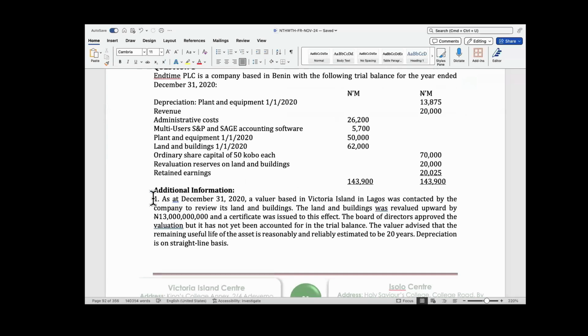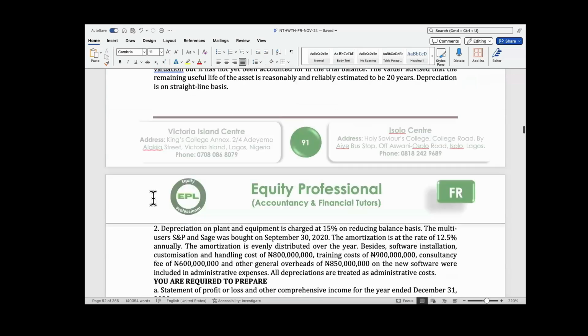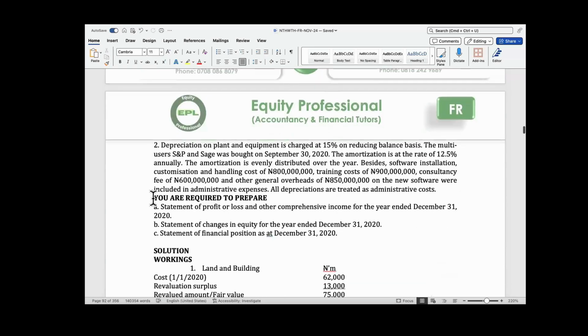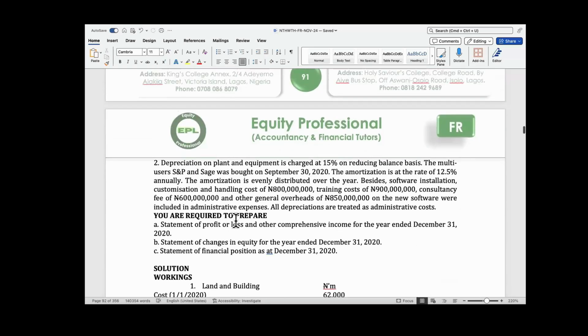It really focuses on how to determine carrying amount and all of these amounts, depreciation and the rest. So try your hands on this one before you even go to the solution. Prepare the statement of profit or loss, statement of changes in equity, and statement of financial position. Let's see where that will actually get us.